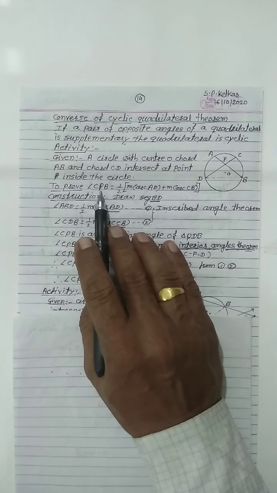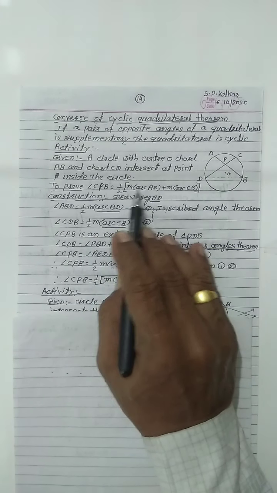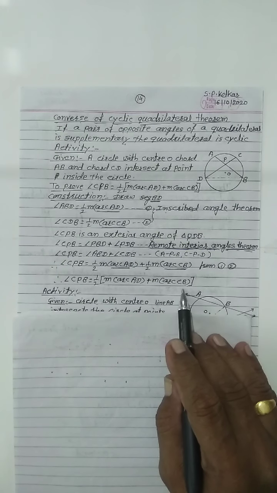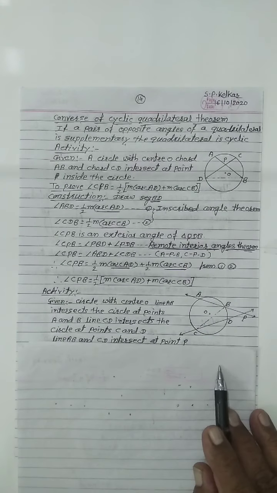We proved that the measure of angle CPB equals 1 by 2 of the measure of arc AD plus the measure of arc CB. Then see the other activity given.